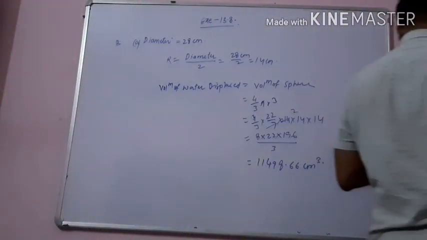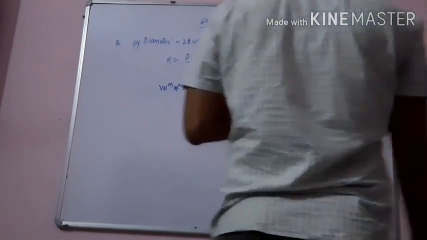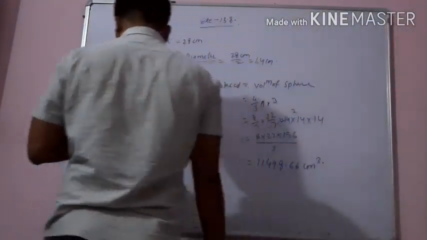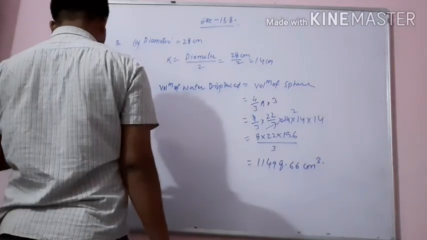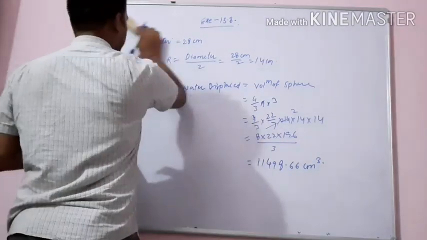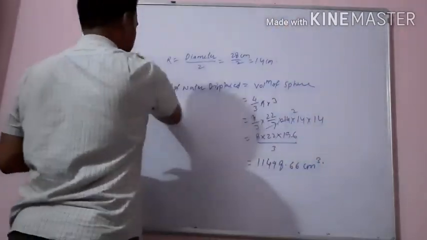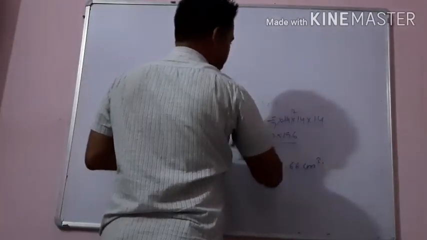The diameter of a metallic ball is 4.2 centimeter. What is the mass of the ball if the density is 8.9 gram per centimeter cube? We have done the same question in the example. Let us do it again.